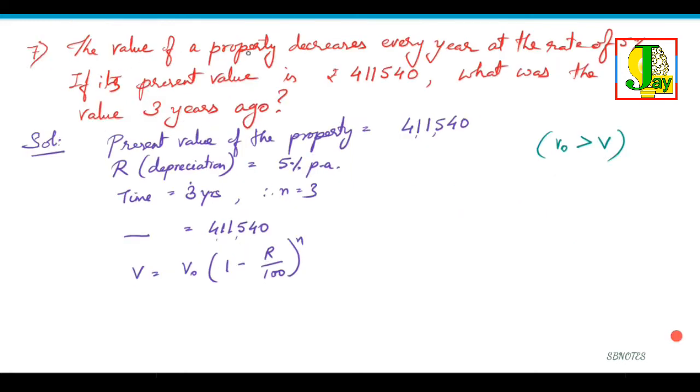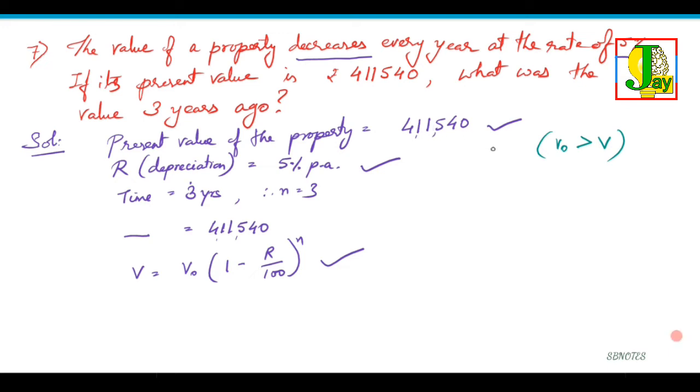In this question we have the property value decreasing, so this is a different one, a depreciating problem. Okay, so we have a different formula. Rate of depreciation is given 5%, and the present value is given 4,11,540. What was the value 3 years ago?